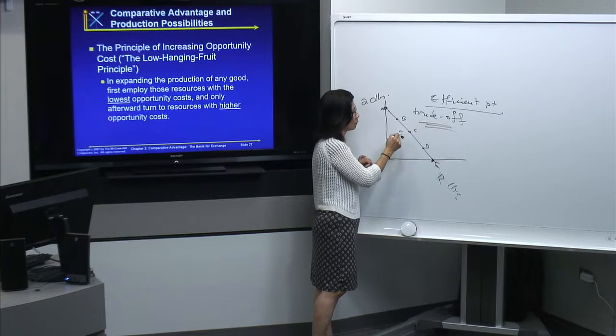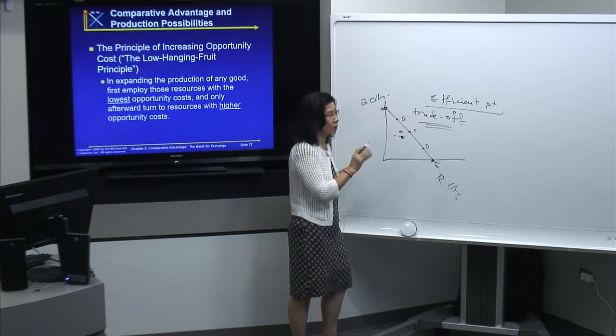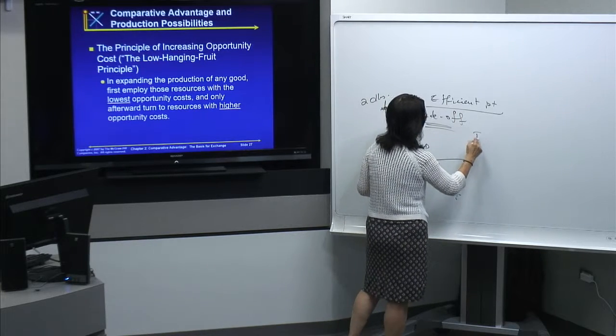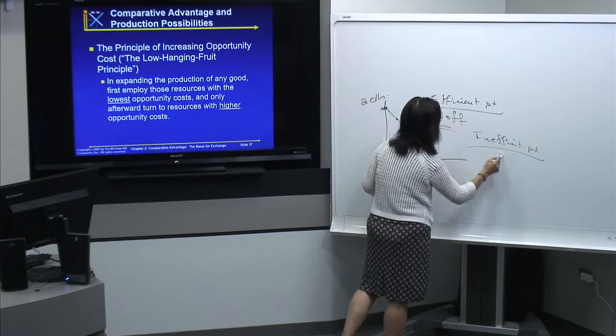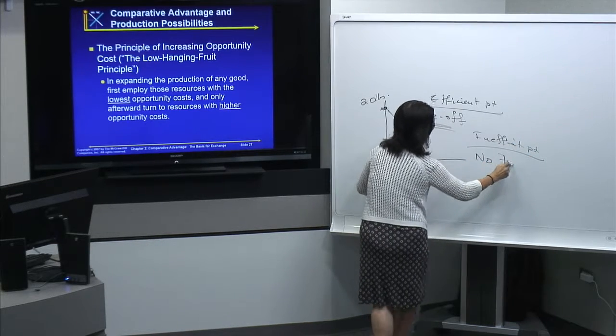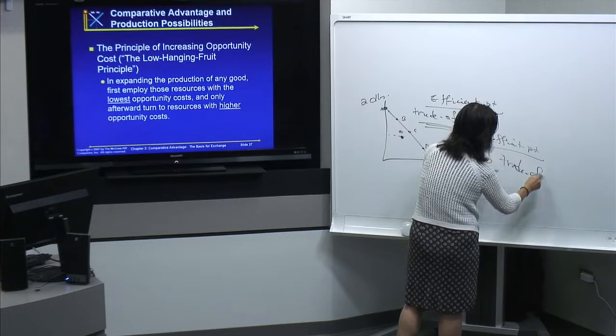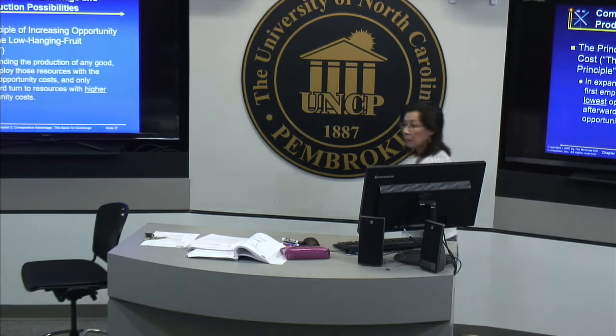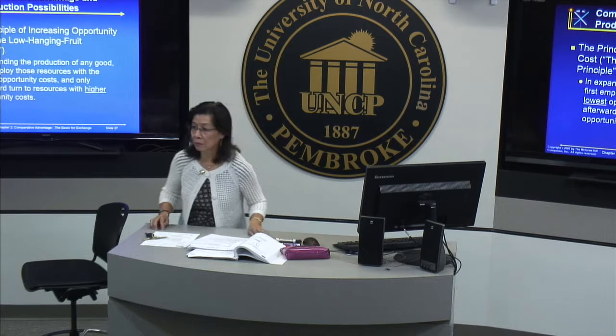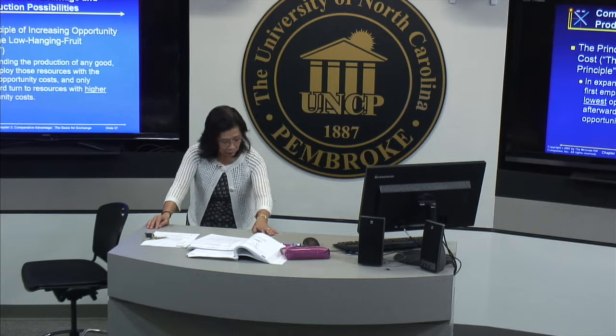Okay? So you have a point here, and this point does not involve any trade-off. When I say no trade-off, it means you could move from one point to another without having to give up something else. That's not very good.